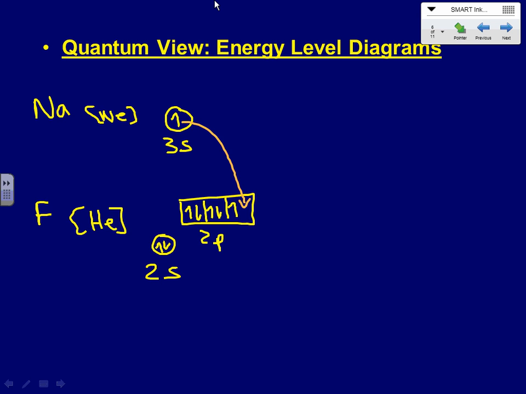Remember when we were talking about how they can jump from one orbital to another orbital and that gives off light? I didn't even talk about how that kind of translates over into the quantum idea, the quantum world. But if you take an electron and you move it from, say, a 2s orbital, and it's going to get excited, and it's going to jump now up to a 3s orbital, then that takes energy.